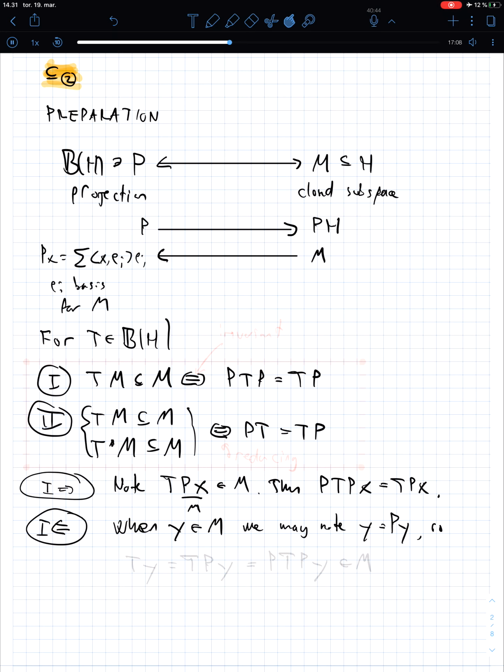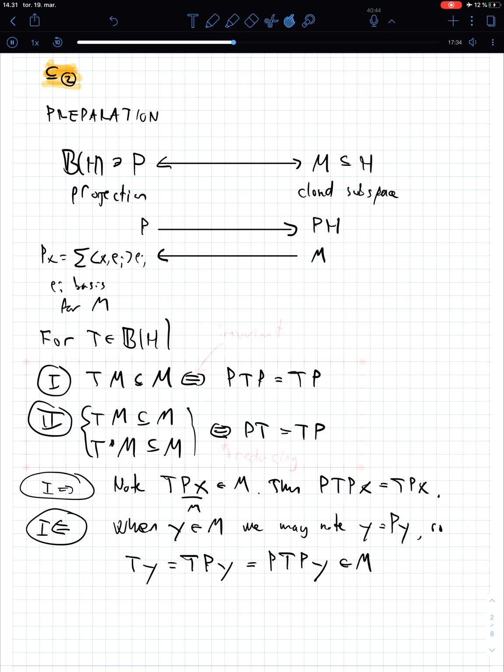So what happens when you look at Ty? Well, Ty is the same as TPy. By assumption, this is the same as PTPy, and that lies in M because of the leftmost P, which sent everything inside M. Right. So this is how you see this.